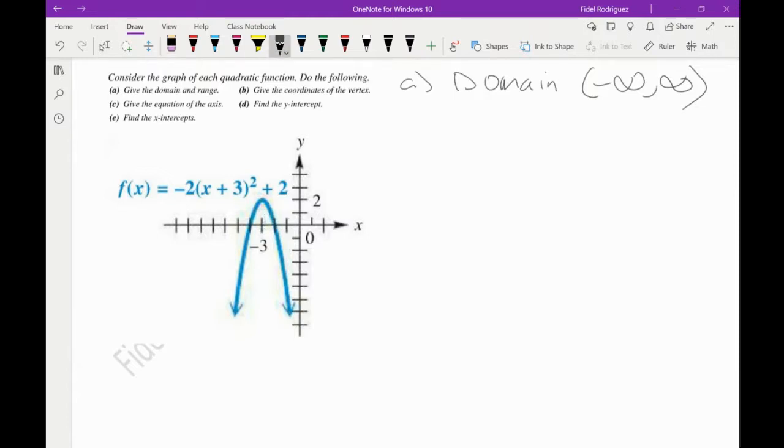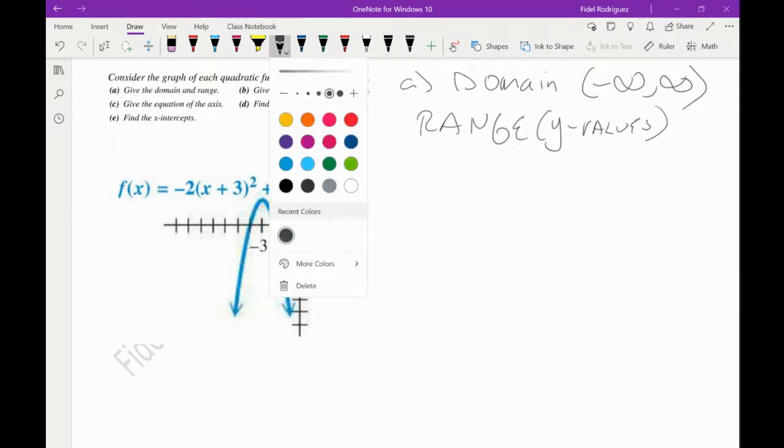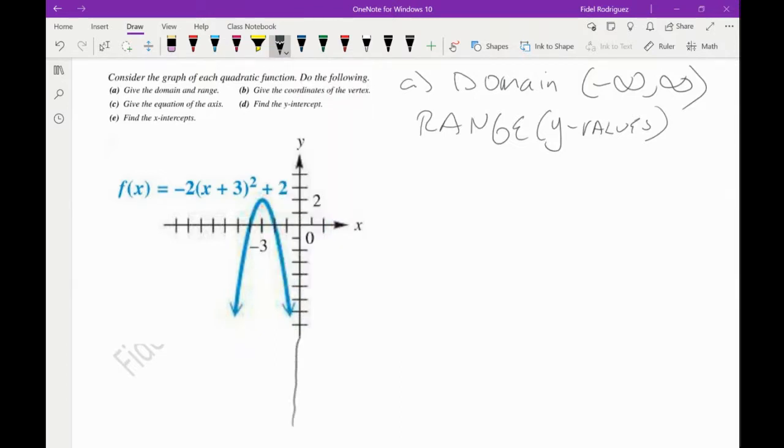Now, we want to find the range. So remember what the range is. The range refers to the y value. When I measure my y values, y'all, I'm always going to start looking from the bottom going up, okay?